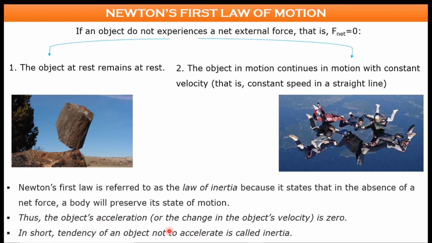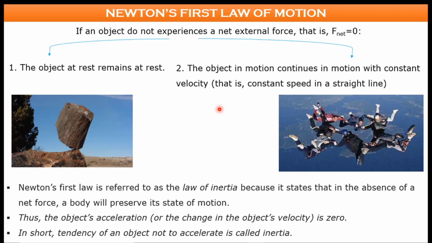We will talk about it in this section. If it is at rest, it wants to stay at rest. If it is in motion, it wants to move with constant velocity. It doesn't want to change its velocity. So in short, the tendency of an object not to accelerate is called inertia.